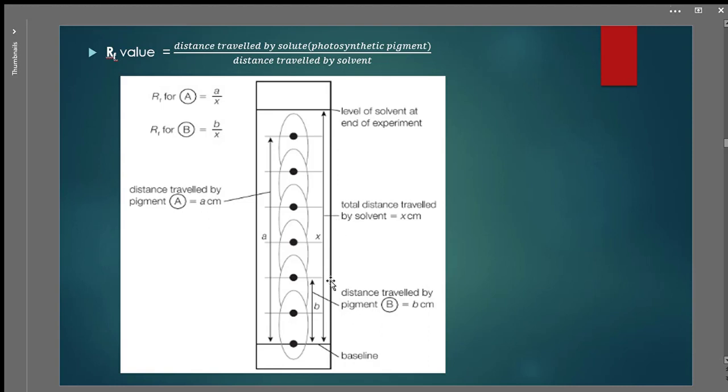For pigment capital A, it has traveled distance small a, and the solvent front has traveled distance x. So the retardation factor is given by a over x, where a is the distance traveled by the dye A and x is the distance traveled by the solvent.